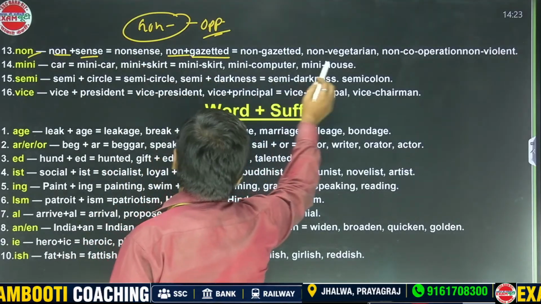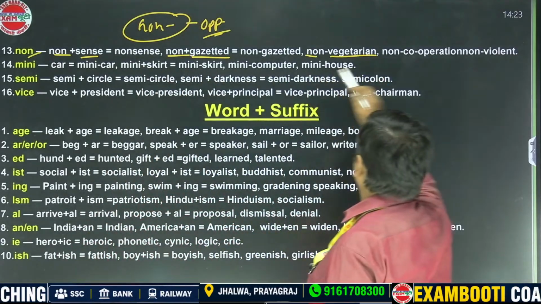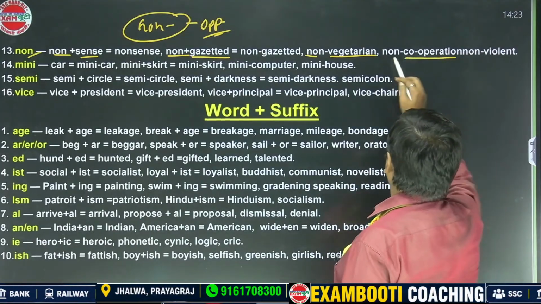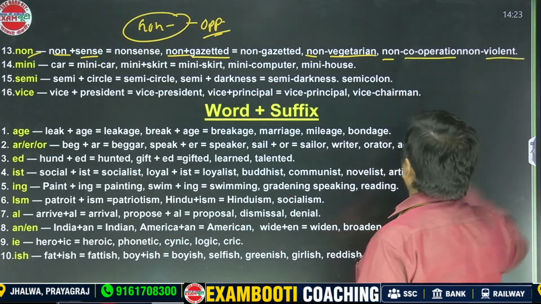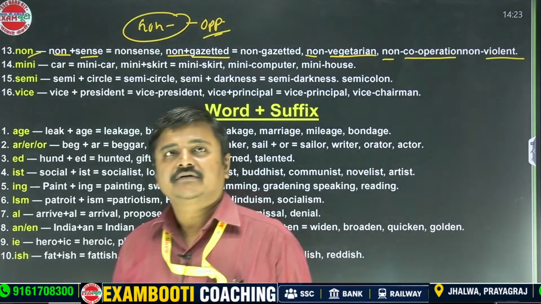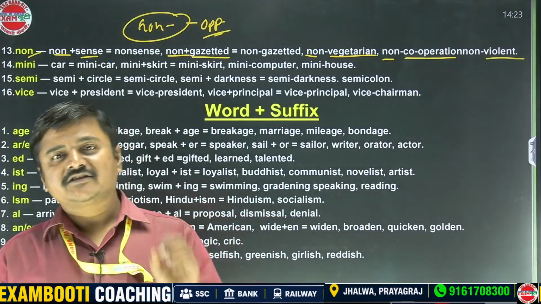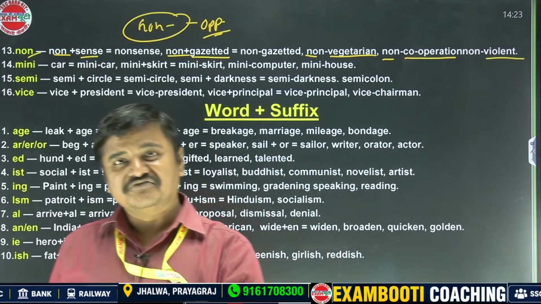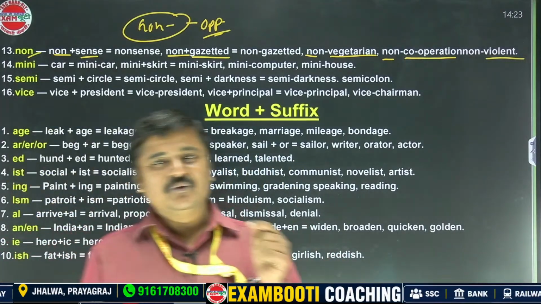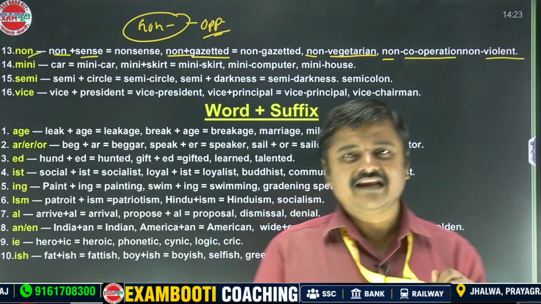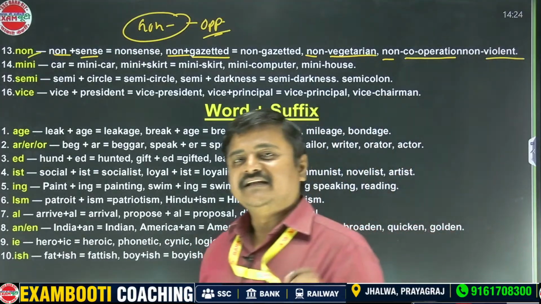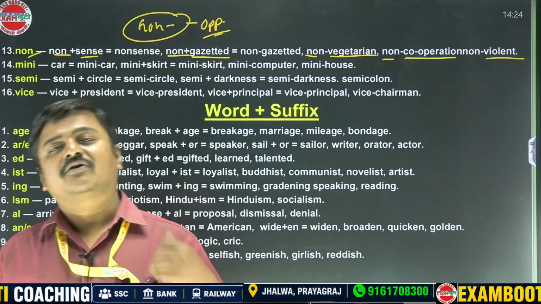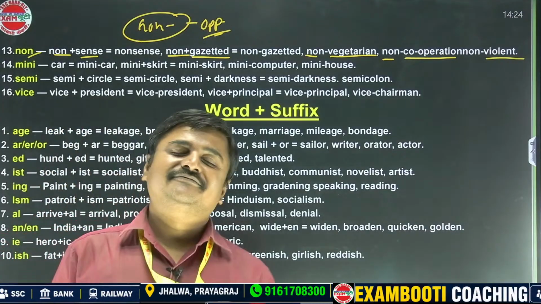Gadgeted, non-gadgeted. Vegetarian, non-vegetarian. Cooperation, non-cooperation. Violent, non-violent. So you have just added to your list another prefix that helps you to find or create opposite words.